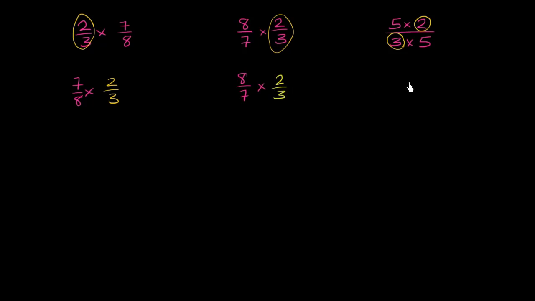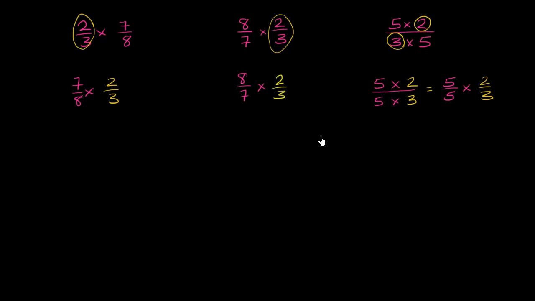And then this last expression, we could write it as, in the numerator, 5 times 2, and in the denominator, 5 times 3, which is, of course, the same thing as 5 over 5 times 2 thirds. So you see all 3 of these expressions involve something times 2 thirds.